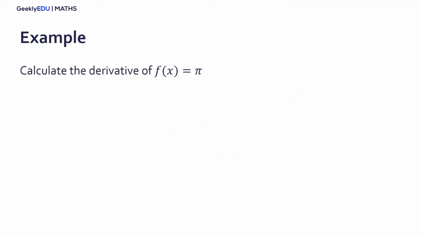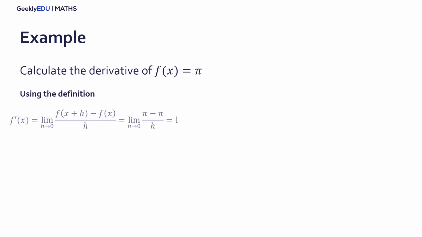As an example, we are going to derive the function f(x) equal to pi, first by using the definition. When we substitute the function equal to pi, the numerator is equal to 0 and the limit of 0 when h approaches 0 is equal to 0, and the derivative is also 0. Now that we understand how the definition of the derivative works in this case, we can use the rule.